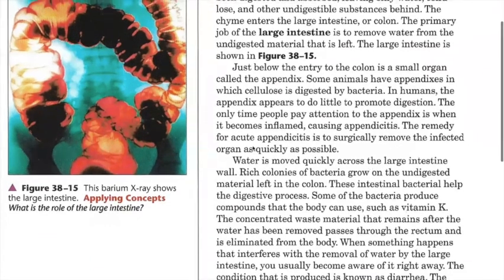Appendicitis is basically, we don't use this organ anymore, and your body suddenly realizes, hey, I should get rid of this, and your body starts rejecting it. Unfortunately, it's attached to you, so that could become deadly, so the doctors need to remove it. That's called appendicitis, and removing it is called an appendectomy.